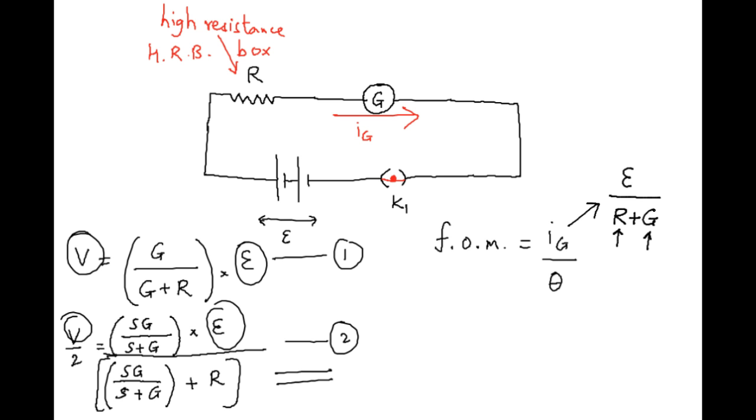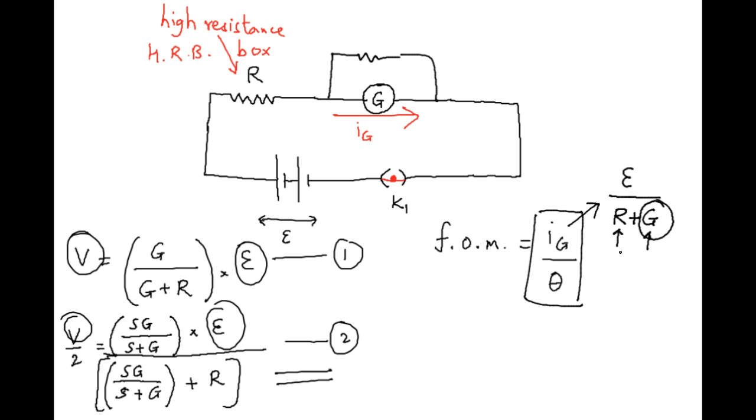So although this particular shunt resistance and all that is not involved in this formula, the experiment which you did with the shunt resistance actually gave you the value of G, and that's the value you're going to substitute over here.